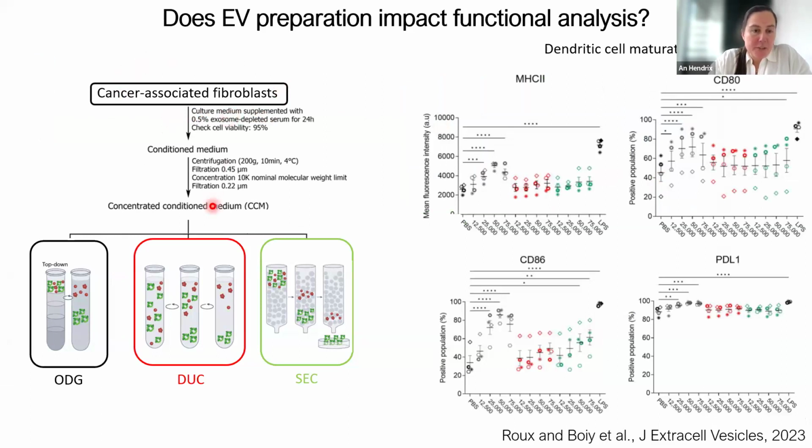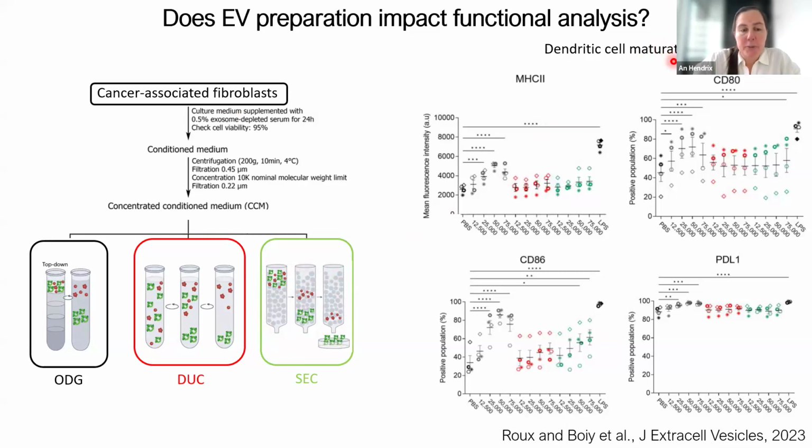We prepared extracellular vesicles with a density-based method and two size-based methods, in this particular case differential ultracentrifugation and size exclusion chromatography. And we assessed the potential of these preparations to stimulate the maturation of dendritic cells.